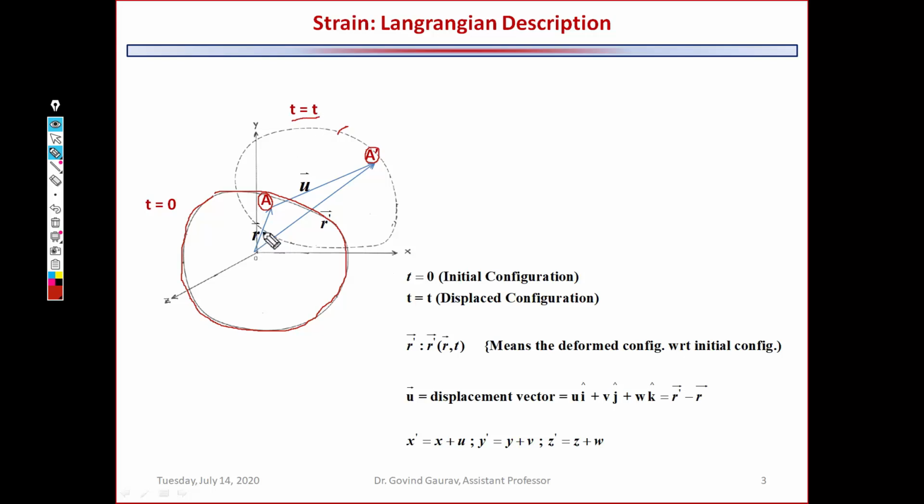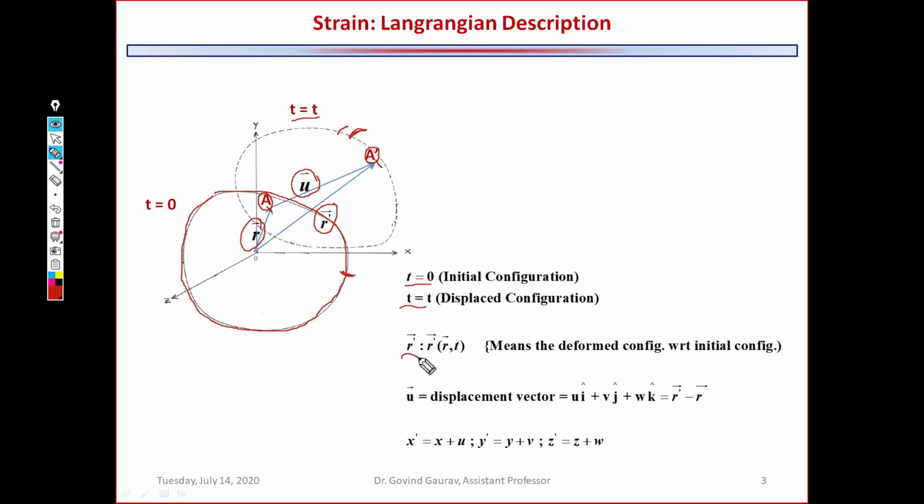The initial position vector of point A is given by r, and the final position vector, representing the point A dash, is defined by r dash, and u is the displacement vector. At t is equal to 0 it represents the initial configuration. At t is equal to t, it is the displaced configuration shown by the dotted lines.